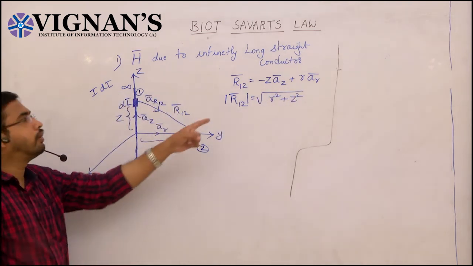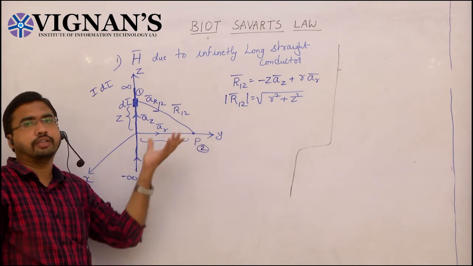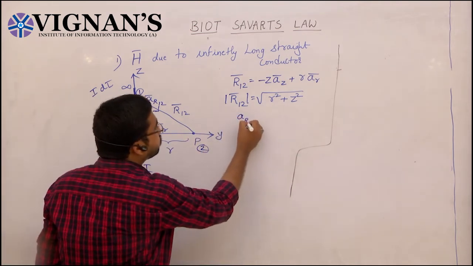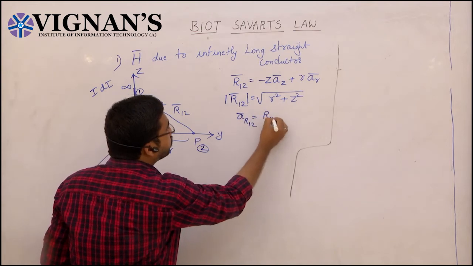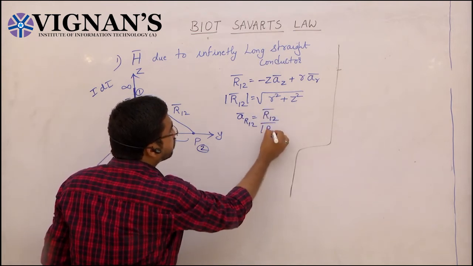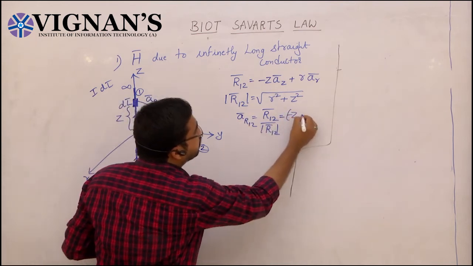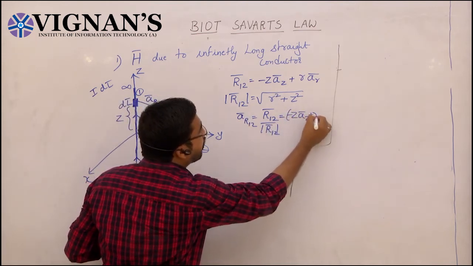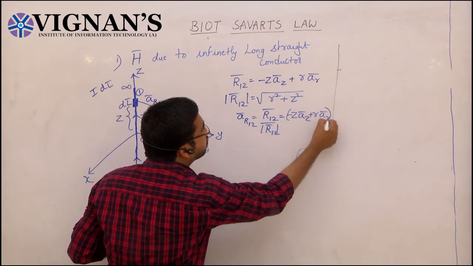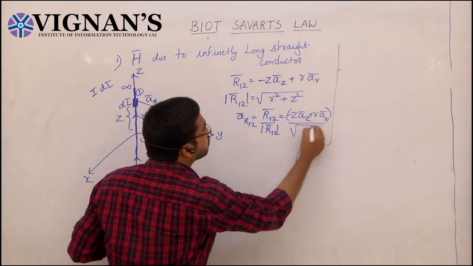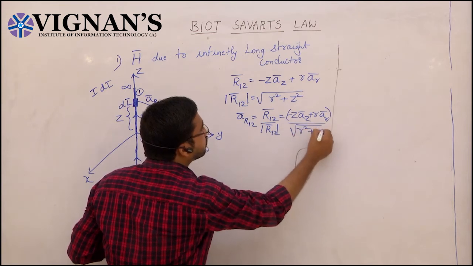So if you know both these values, can't you find the unit vector AR12? AR12 is equal to R12 by mod R12, which is equal to minus z az bar plus r ar bar by root over r square plus z square.